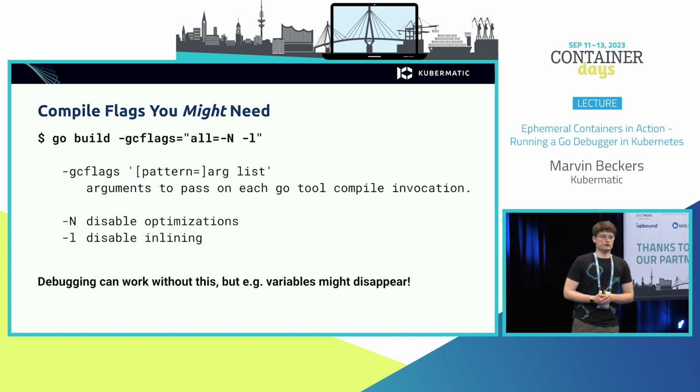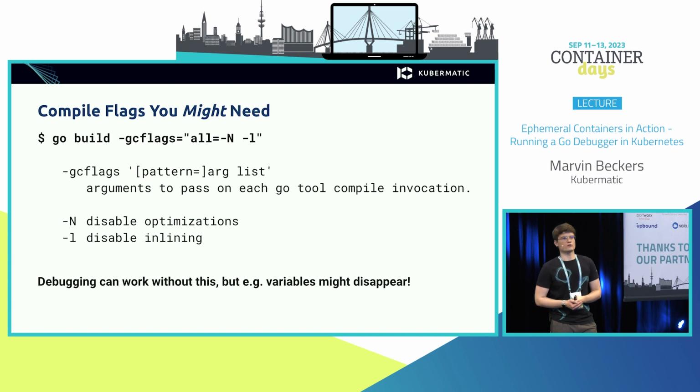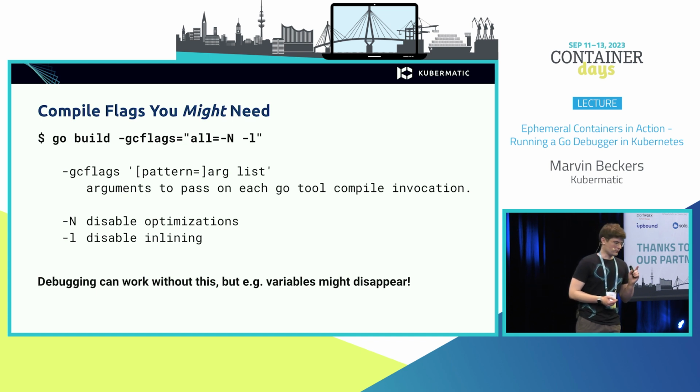But because Go debugging works mostly by passing, okay, I want to look at a specific breakpoint on a specific line in the source files, and the compiler might mess with your code before building the binary, that line is actually not that line anymore in the final build.